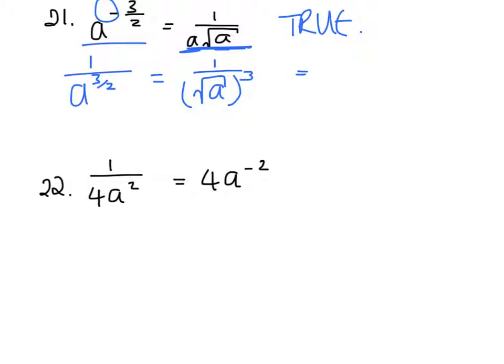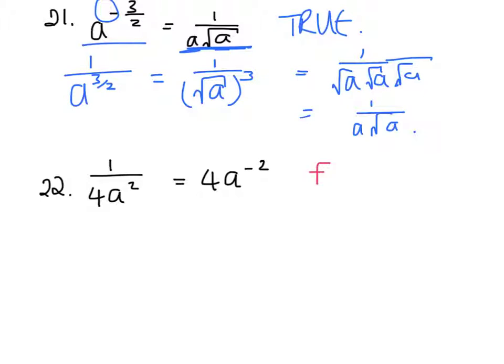And we've talked about the square root of a cubed before. That was problem 4. And we know that that's square root of a written out 3 times, which is a root a. So we've got 1 over a root a.